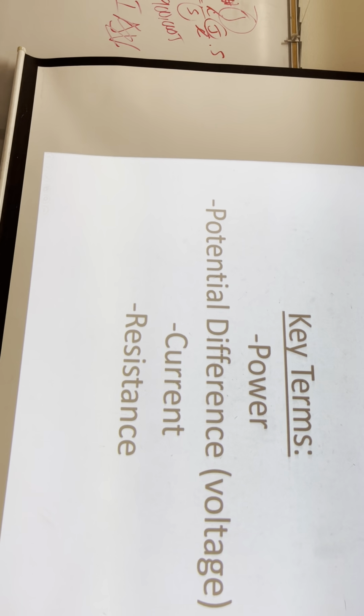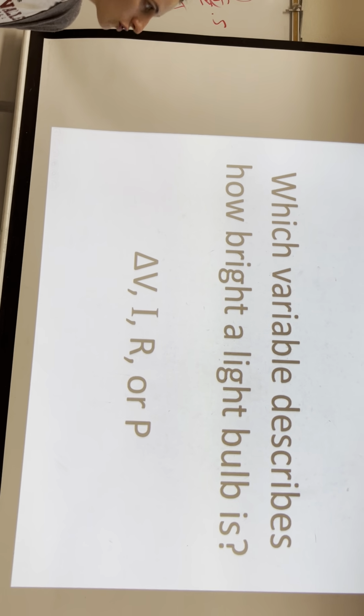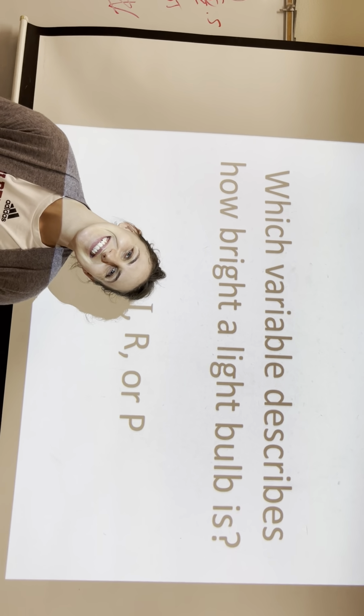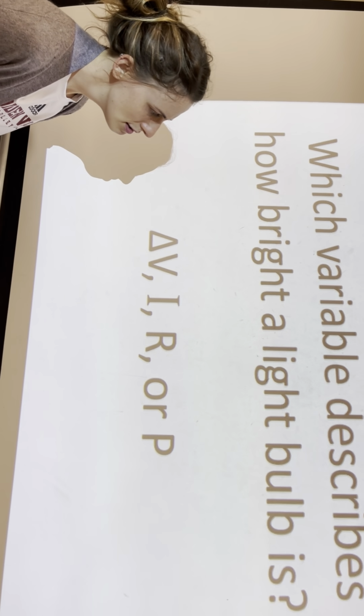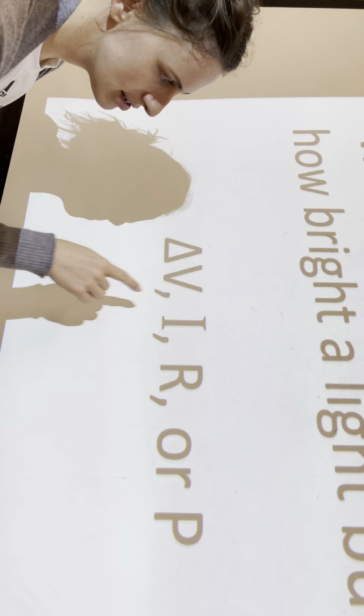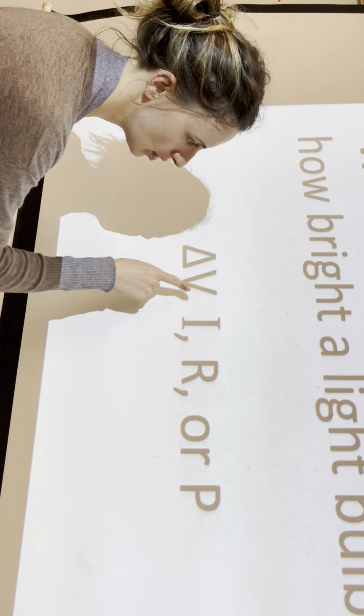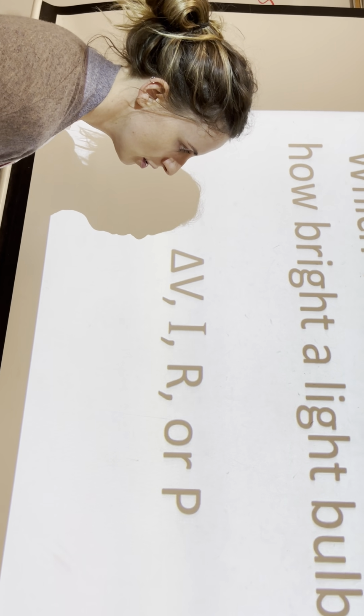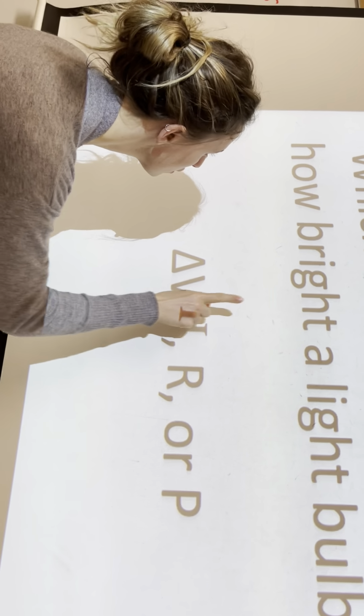Which variable describes how bright a light bulb is? I'm going to say it's power. Right, because current times the voltage will give me the power. More current, more power.